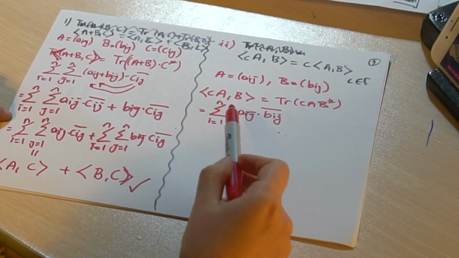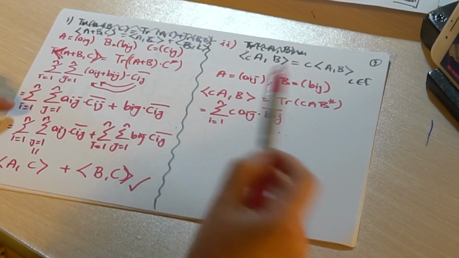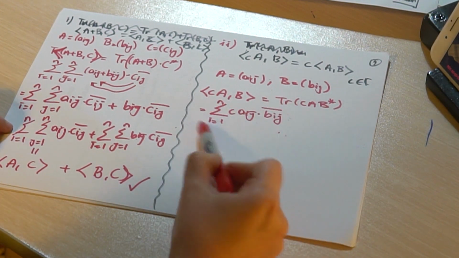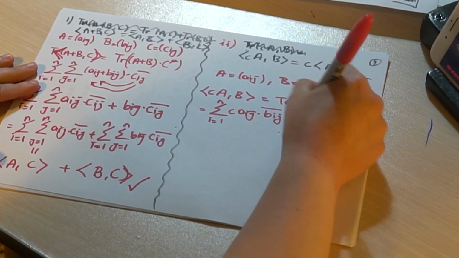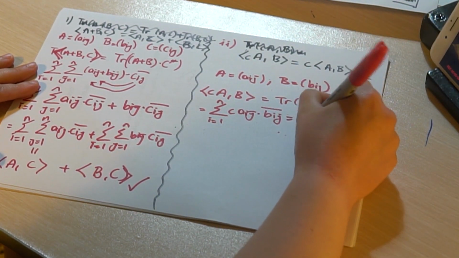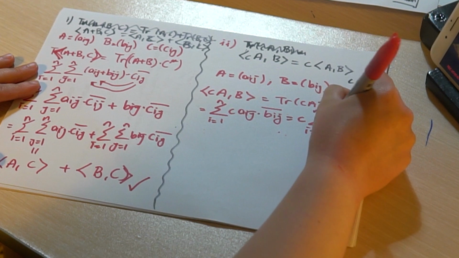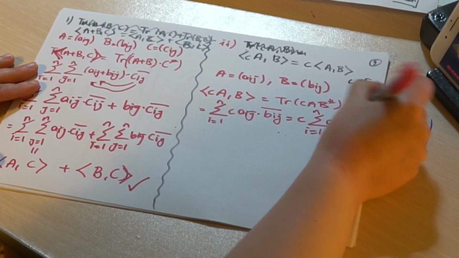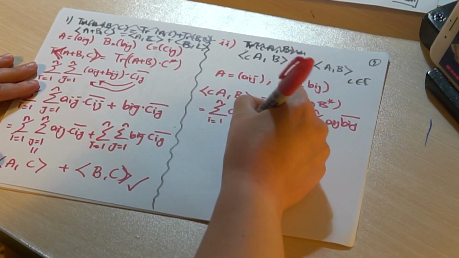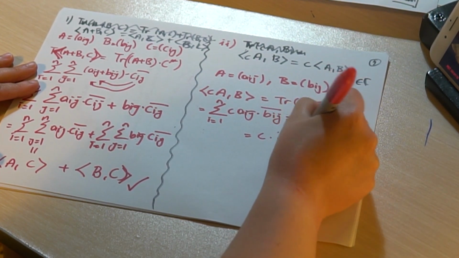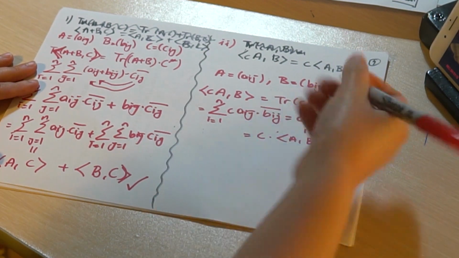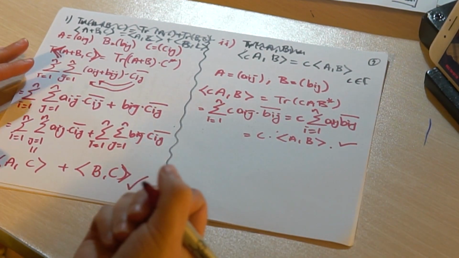Now this C doesn't depend on the I's and J's, so we can take C outside. So this is equal to C times the sum of Aij Bij conjugate, which is C times the product of A and B. The second property is also done.